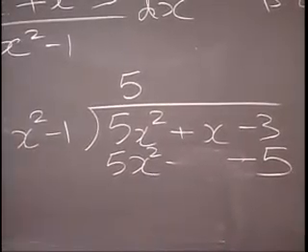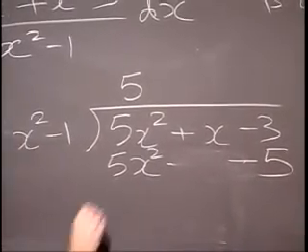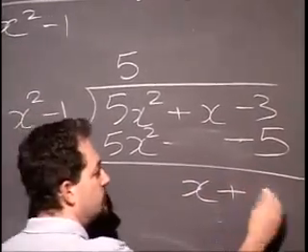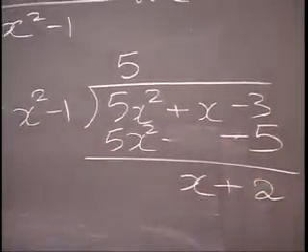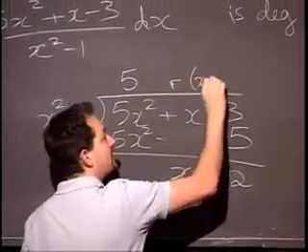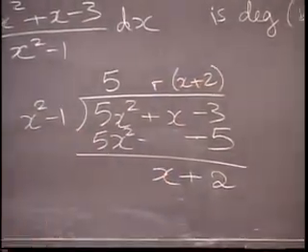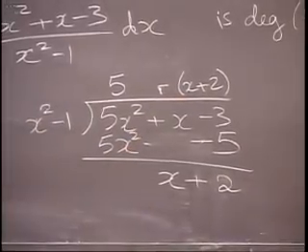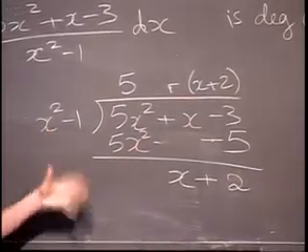So 5x squared minus 5. And you subtract, and you're going to get x plus 2. Minus 3 minus 5 is 2. So it's actually remainder x plus 2, because now the degree of the remainder is less than the degree of the denominator. So there's no way you can keep going.